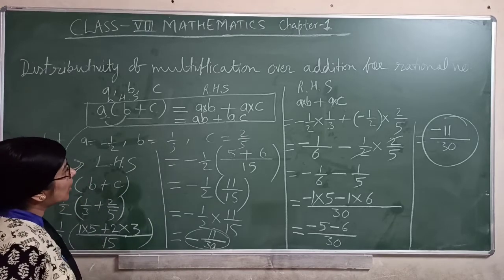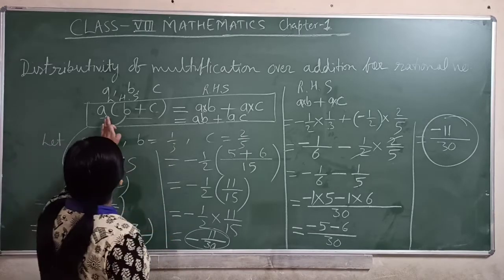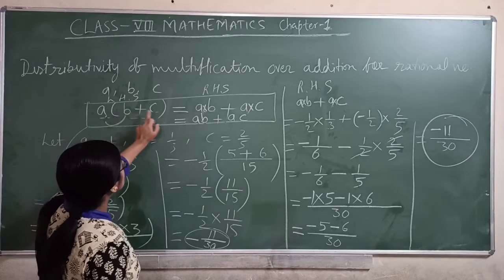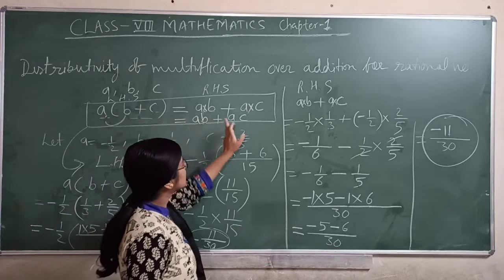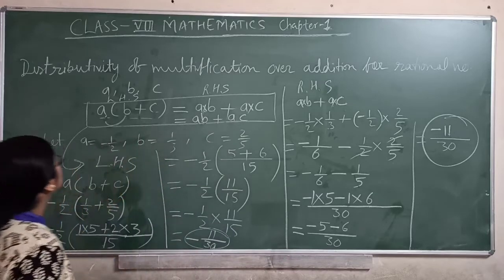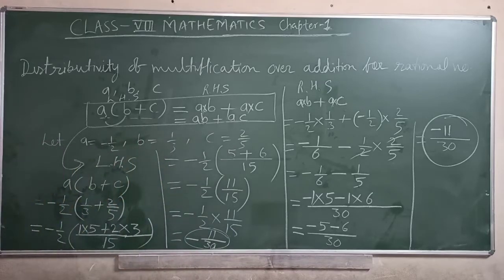So we can say A within bracket B plus C equals AB plus AC. That's called the distributive law of multiplication over addition. Okay, same rule.